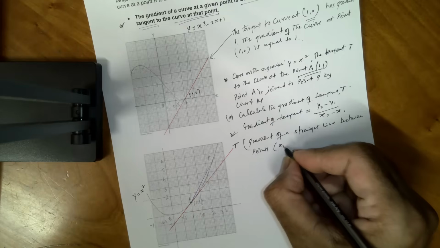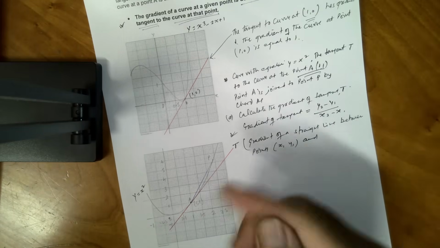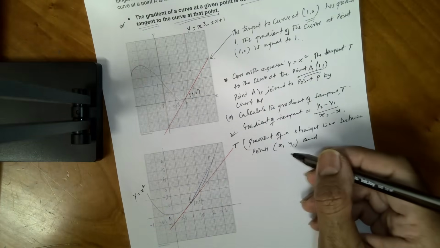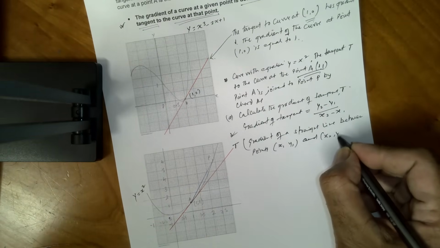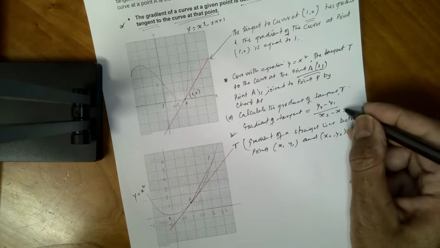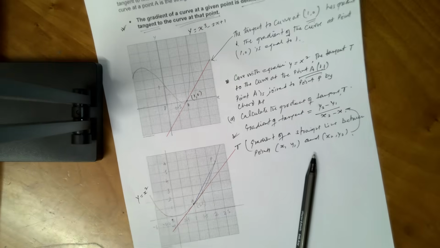You have (x1, y1), so if you have this line with two points, that is exactly it: x1 and y1, and then you have x2 and y2. If you have this, that is your formula. So remember that.